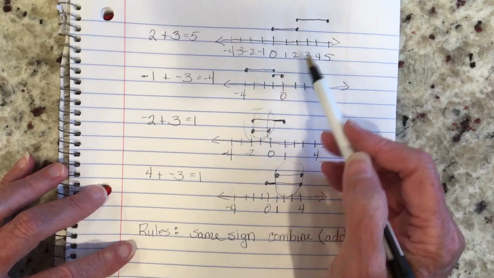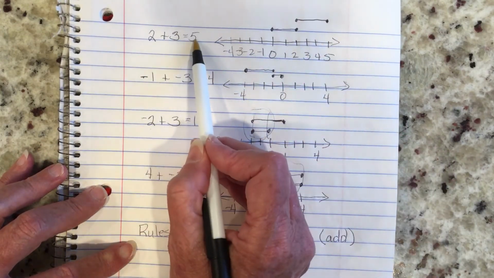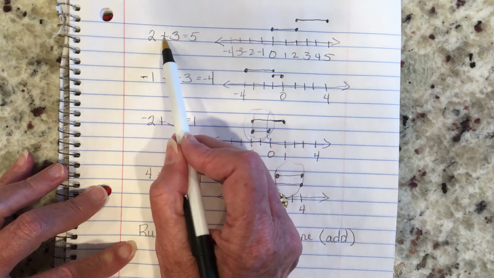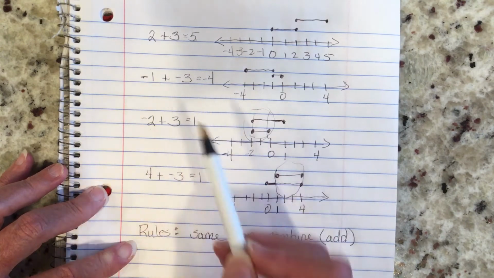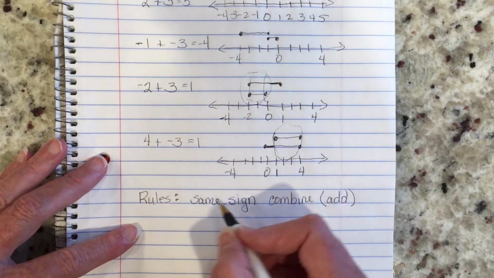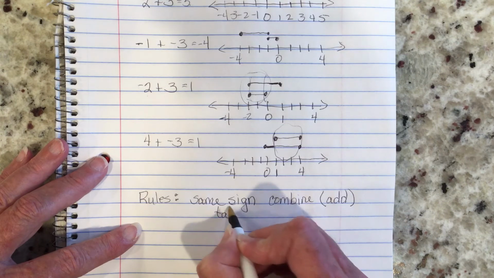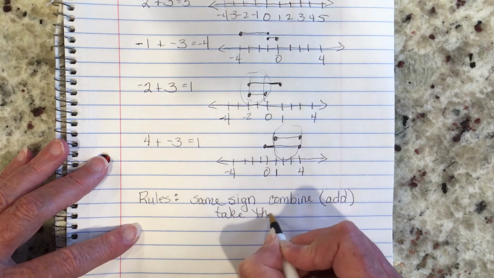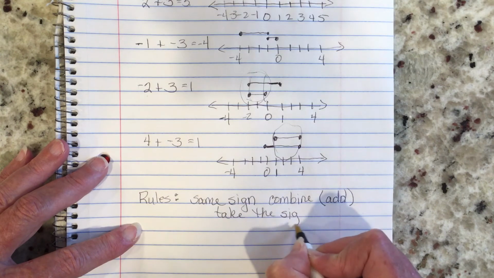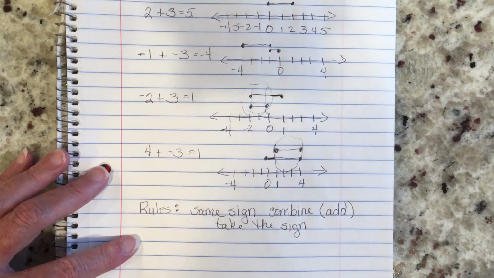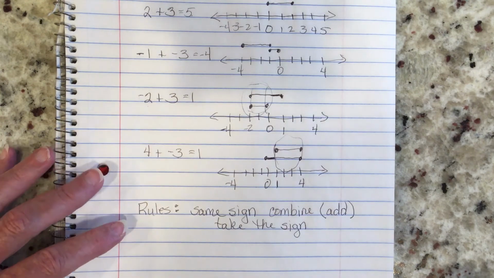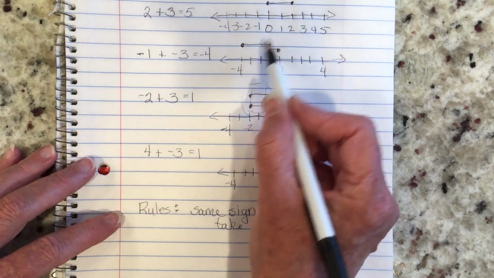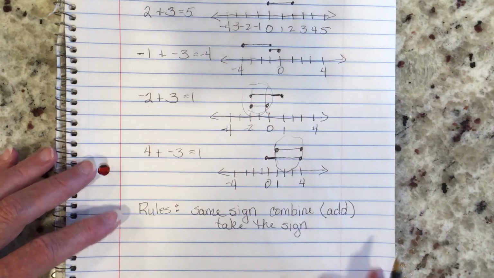And then we kept going in the same direction, so our answer has the same sign as the addends in the problem. So we're going to take the sign of the addends. So if they're both positive, our answer is going to be positive. If they're both negative, our answer is going to be negative, because we kept going in the same direction.